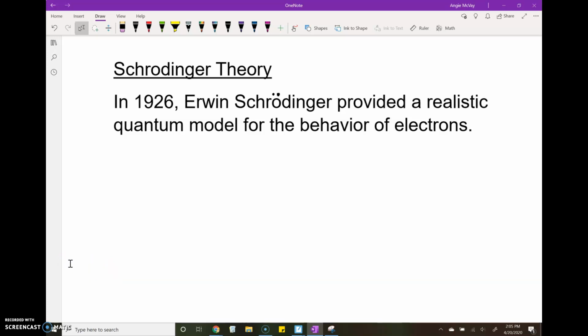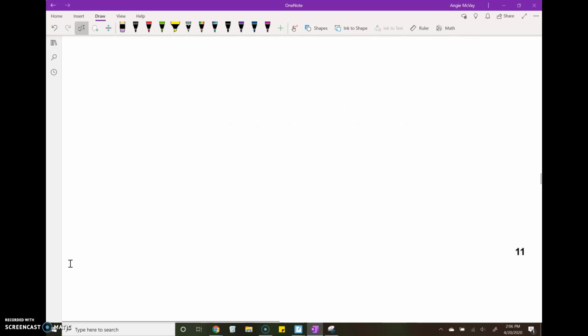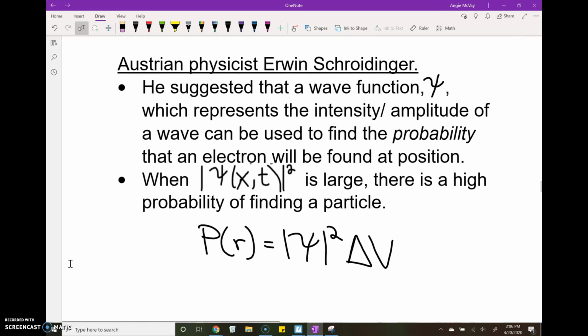We can see evidence for them: they create an interference pattern when they hit a phosphor target, or we see a charge accumulating. But can we really know the location of a single electron? That was the work of Schrodinger.